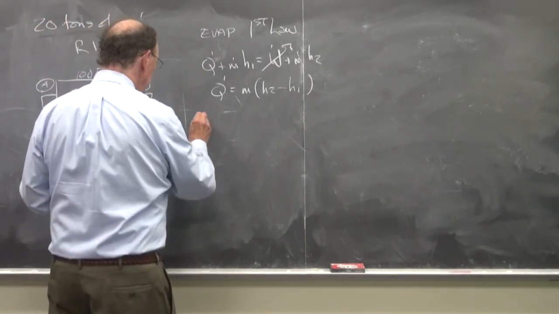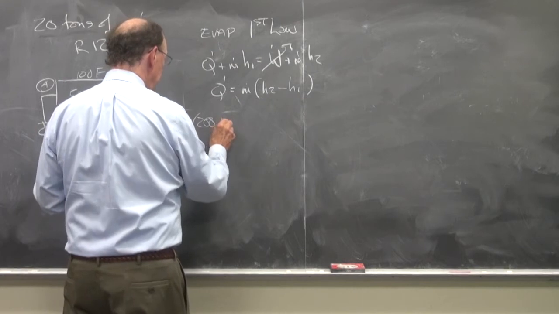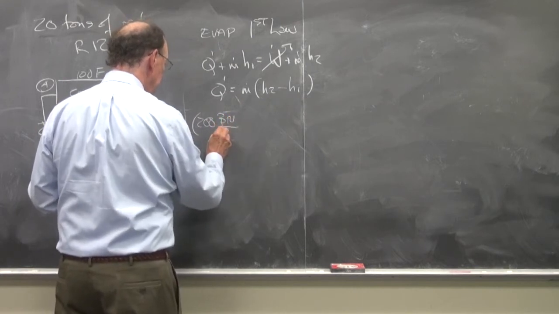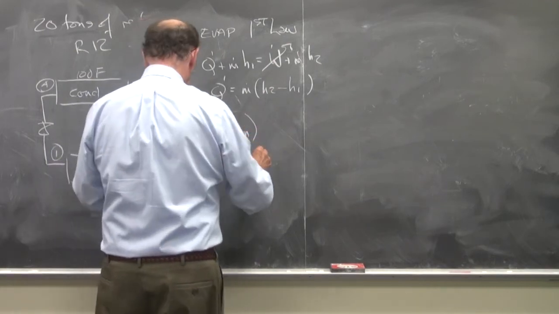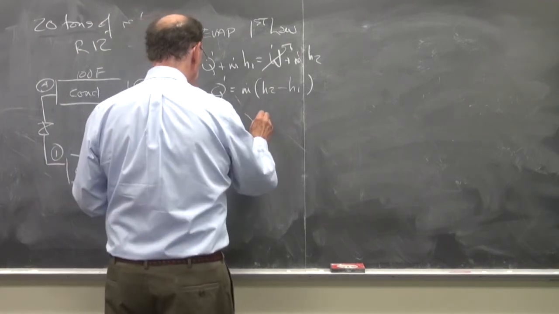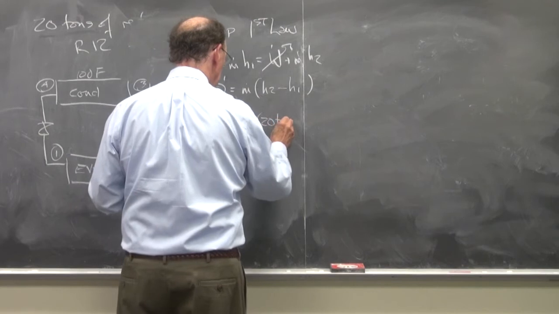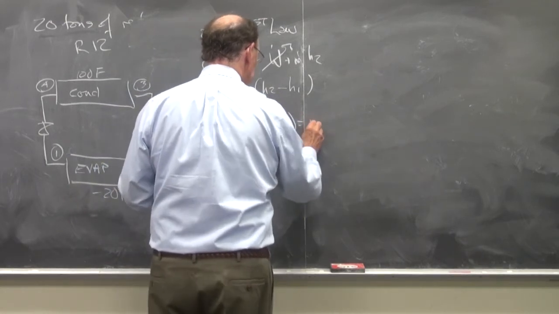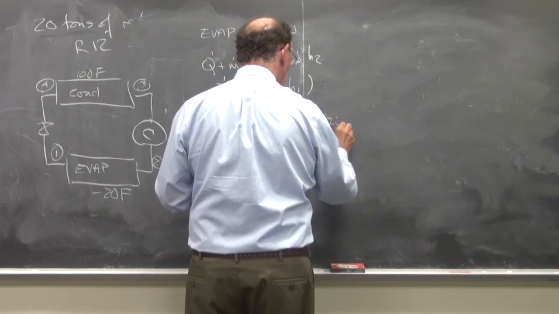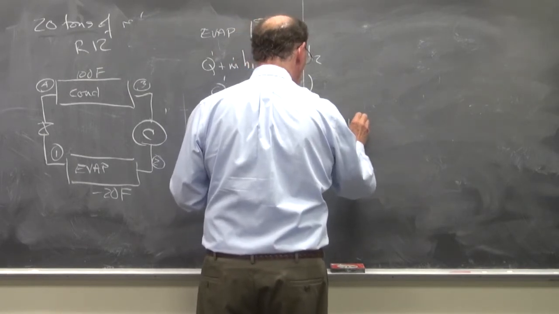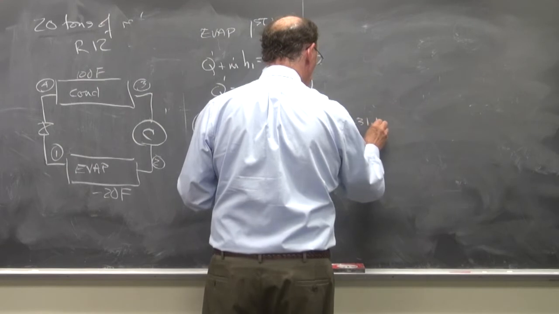So I have 200 BTUs per minute per ton times 20 tons is equal to the mass flow rate times 75.11 minus 31.1.